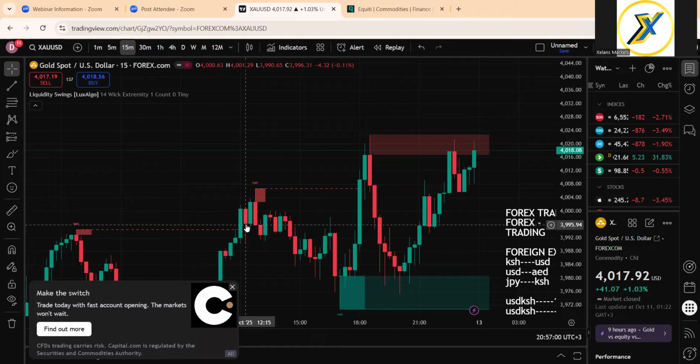The buy candles open lower and close high. The sell candles open higher and close low. This one started here, went up, closed there. This one started there, tried to go up, closed here. Then the next one opened there, went down, closed there.